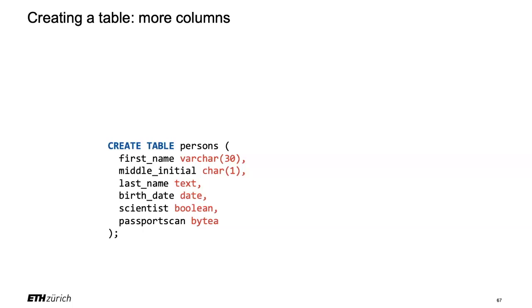And then a space, and then you pick the domain, and the domain, what is in red here, is taken from the menu. So these are all the names I gave you in the first hour, right? These varchar, char, text, date, boolean, bytea, which is this strange name for blobs.